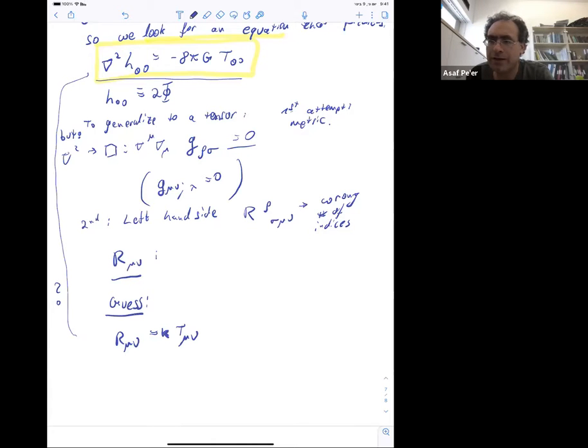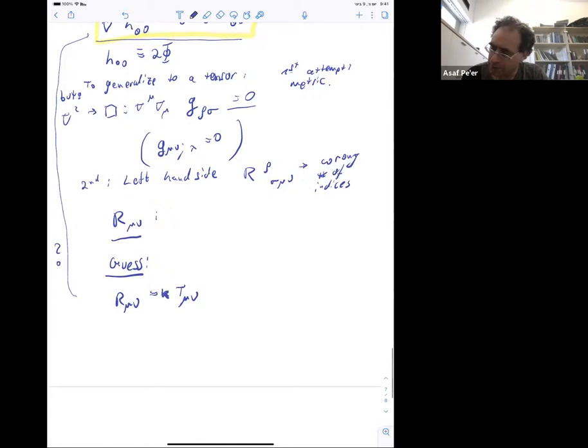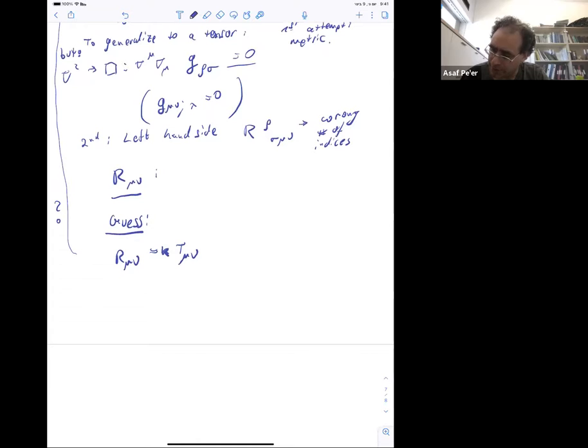Now, historically, Einstein actually did think of that possibility. It's an equation, but it does not work. Why doesn't it work? Let me write it down.